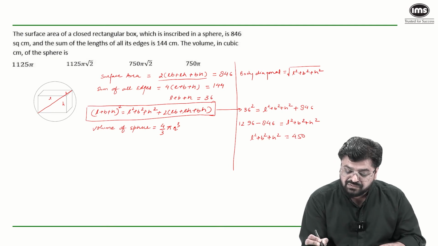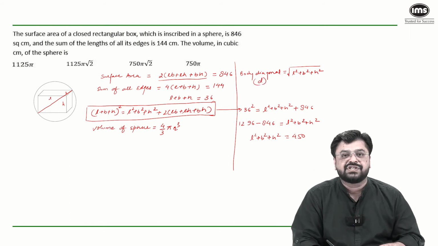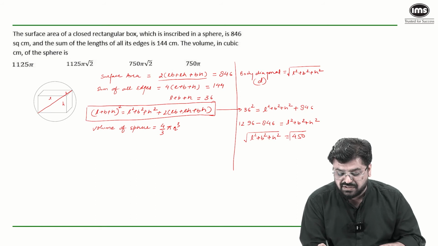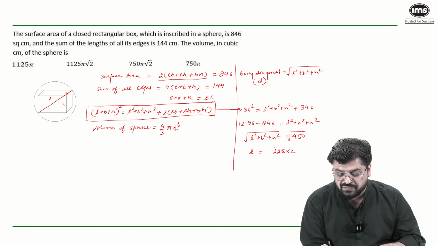This is also equal to D square because we want the body diagonal, that is the diameter of this sphere. So if I take the square root, D will be, this can be written as 225 into 2, which is 15 root 2.